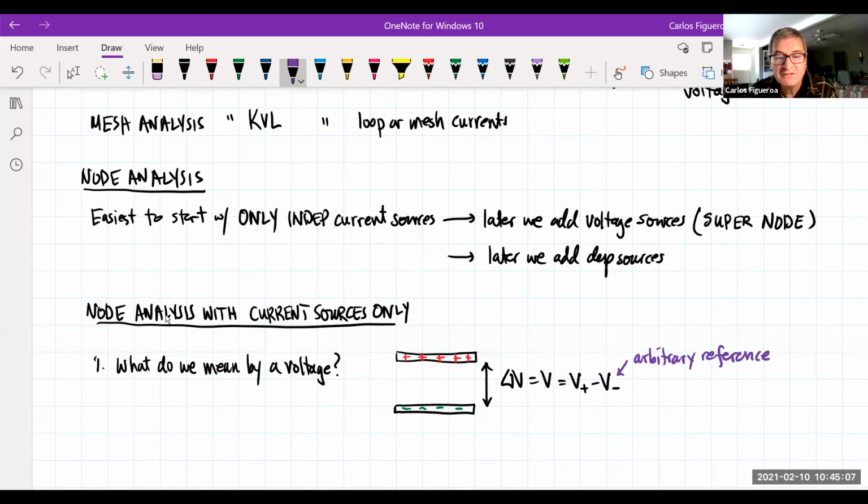Because you know that in potential energy, it's only the difference that matters. So therefore, when we talk about voltage, it's only the difference in potentials that matters.